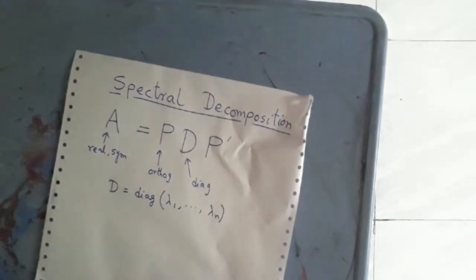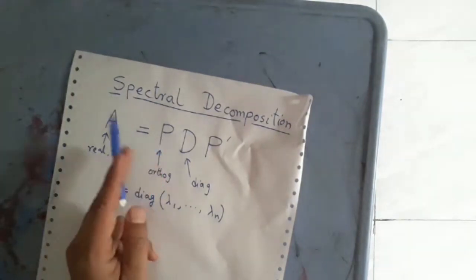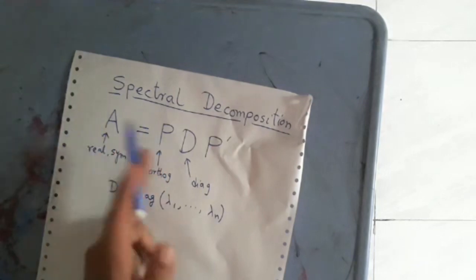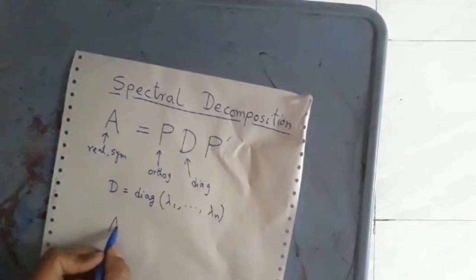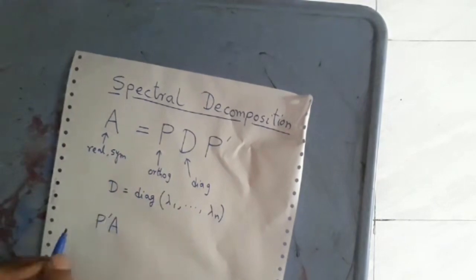So this led Jacobi to try to think of a method to compute the eigenvalues lambda i's in this way. He just took this P on this side and this P transpose on that side to give A pre-multiplied with P transpose.